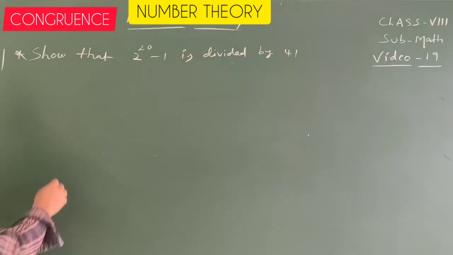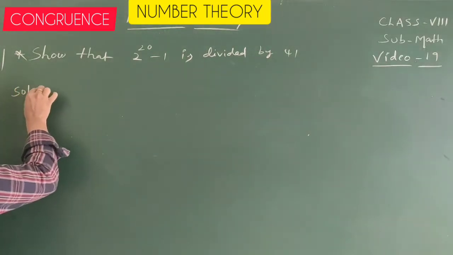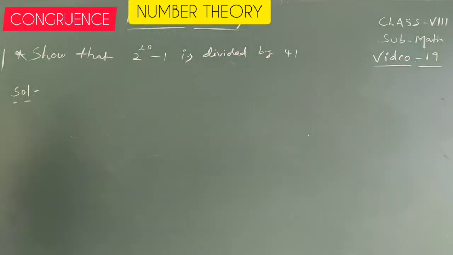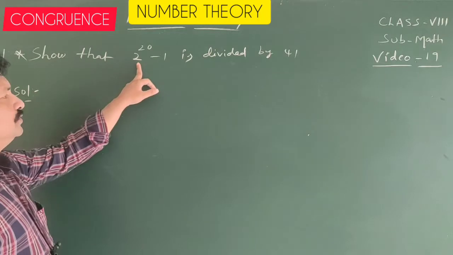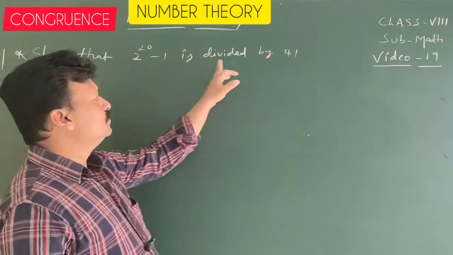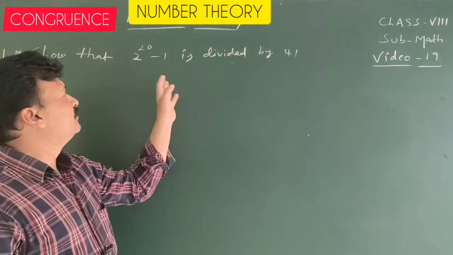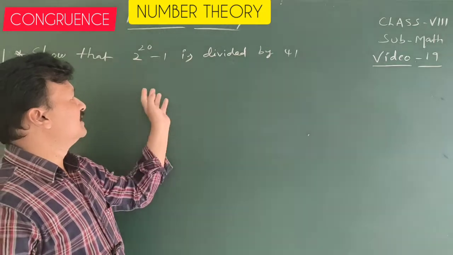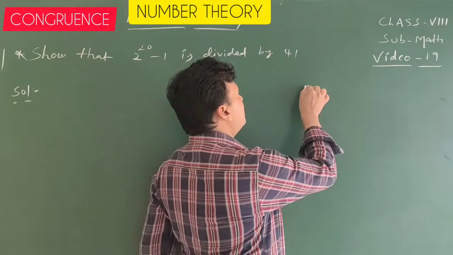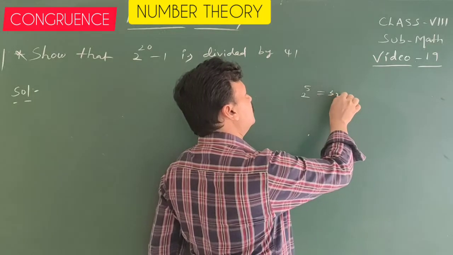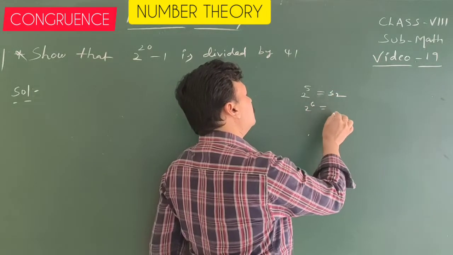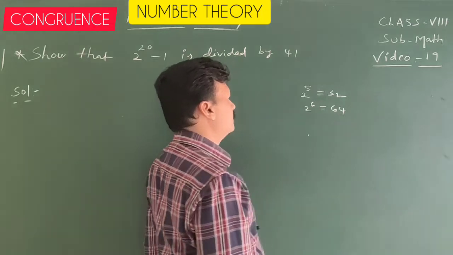Okay, here first of all we need to write the powers of 2. Mean 2 square, 2 cube, 2 power 4, 2 power 5, 2 power 6. For example, 2 power 5 equals 32, 2 power 6 equals 64.